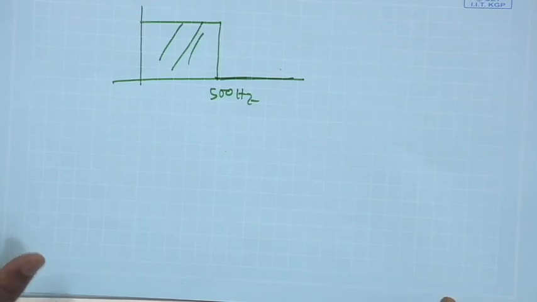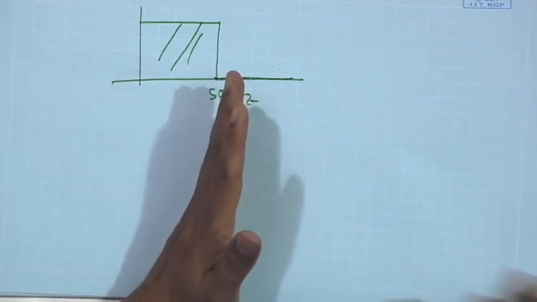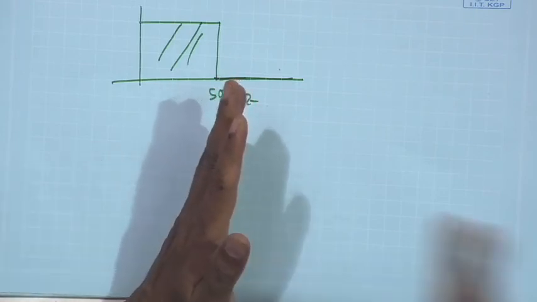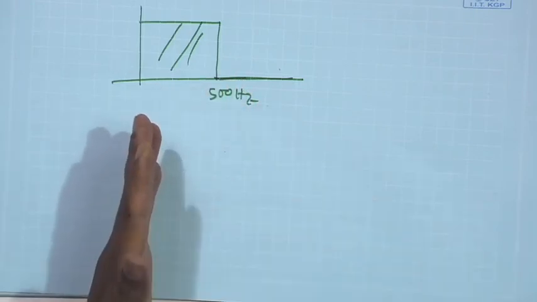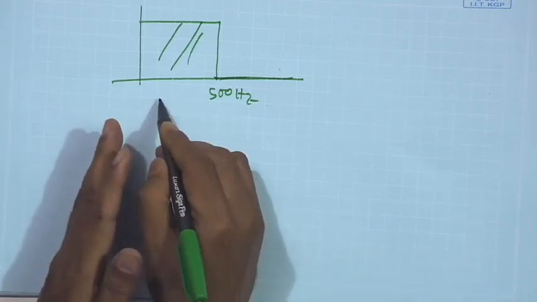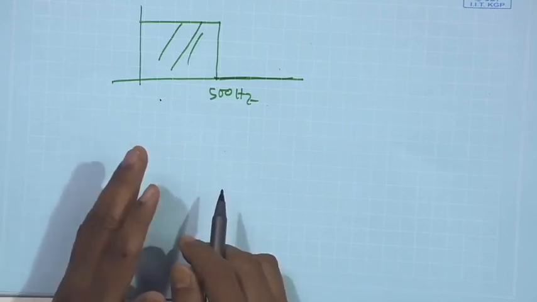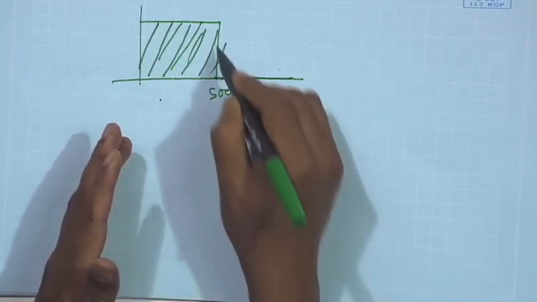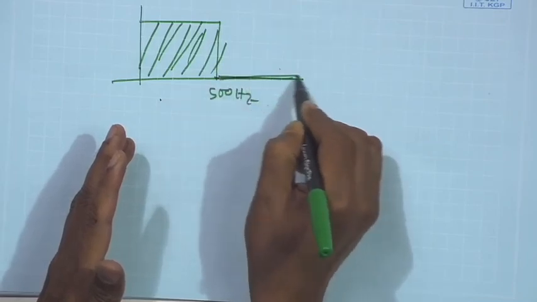That means from 0 to 500 hertz all frequency components should pass to the output, and after 500 hertz none should pass. Then it is called a low pass filter, because low frequency components pass and high frequency components are attenuated to 0.